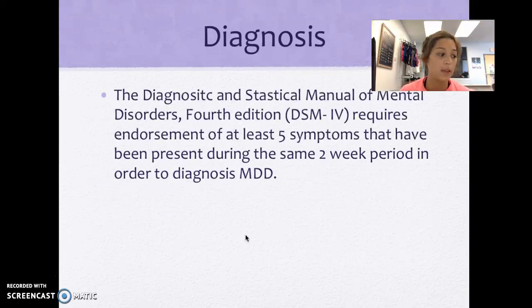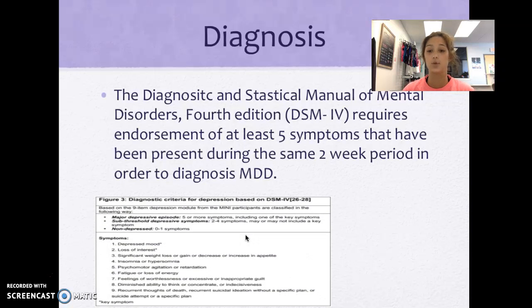Diagnosis. In the United States, psychiatric disorders are currently diagnosed using the Diagnostic and Statistical Manual of Mental Disorders, 4th edition, also referred to as the DSM-4. This requires the endorsement of at least 5 conditions that have been present during the same 2-week period in order to diagnose major depression disorder.